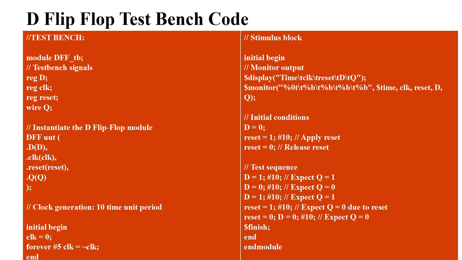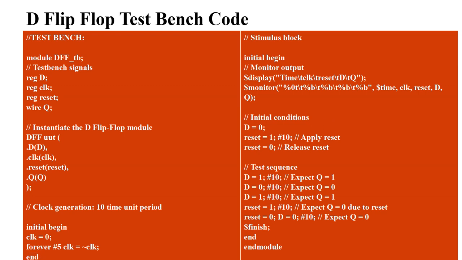And clock generation. So this is the clock generation code. Initial begin, clock equal 0, forever #5 clock equal to negation of clock, giving positive edge and negative edge. And so this is the monitor output. I want to display all these values, and these are the conditions.